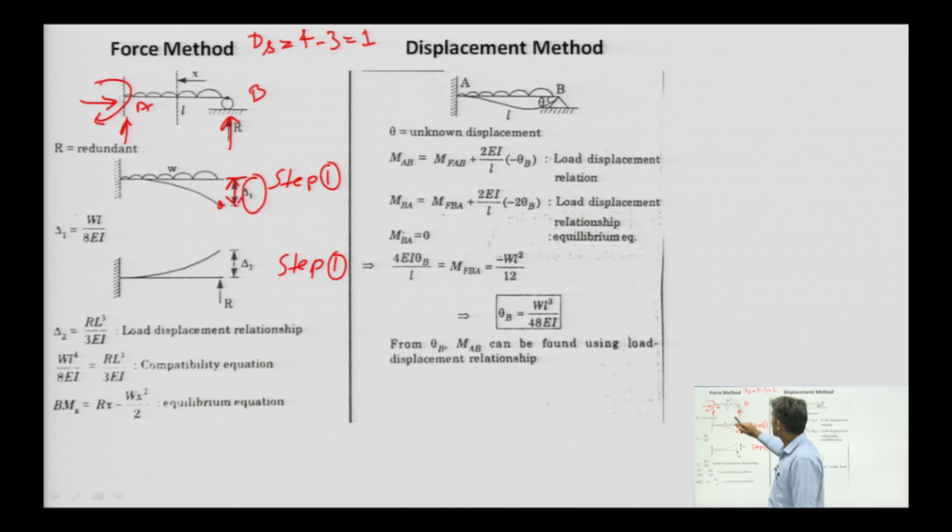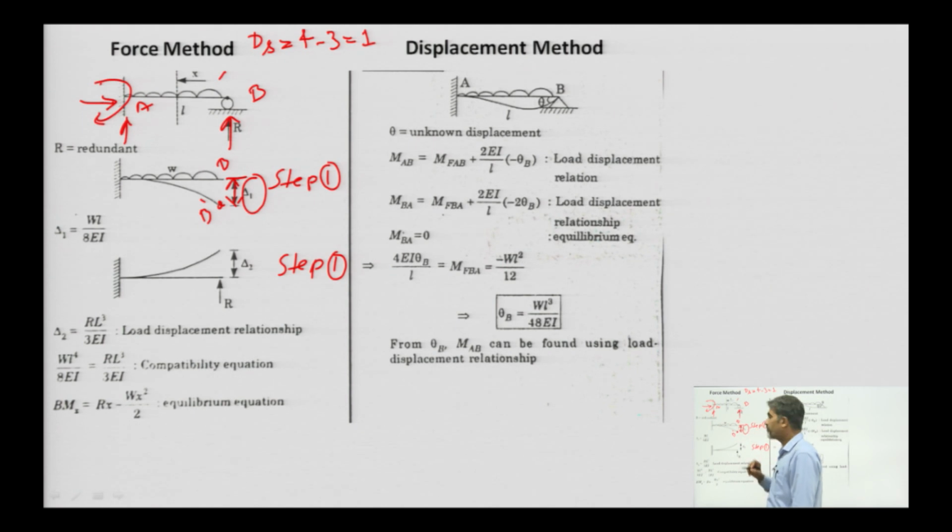What will happen if you remove the roller support? The UDL coming on the beam will shift this load downward. When this is a roller support, that point B does not move to B dash. But when it is free, it can move in the downward direction.